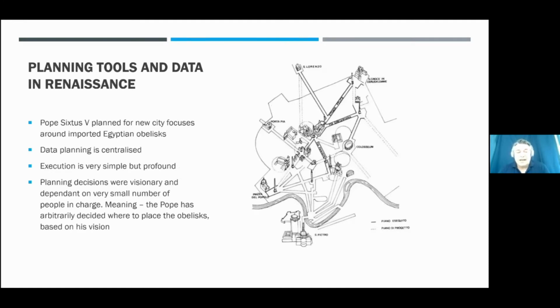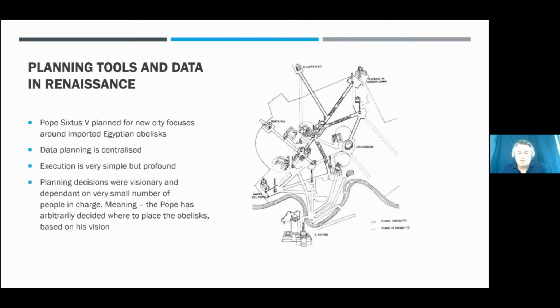One of the popes, who was the head of the state and the head of the empire, was planning the change in the city in the sense that he wanted to create a certain number of focal points about where the city would grow and what would happen around them. Then they would become connected and the city would grow in that sense.